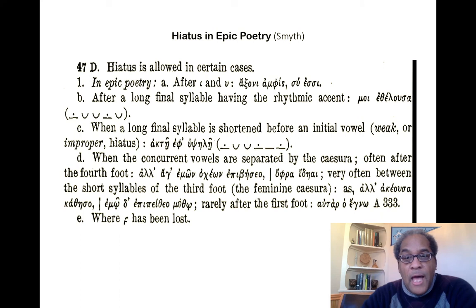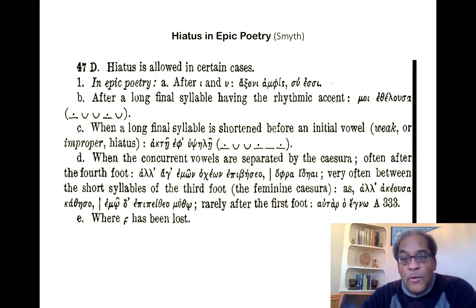Alla ag' emon okheon epibeseo hophra idei: but step upon my chariot so that you might see. Very often between short syllables of the third foot: alla ke hekousa kathesmoi de peitheo muthoi: but though you are willing, sit down, attend to my word.